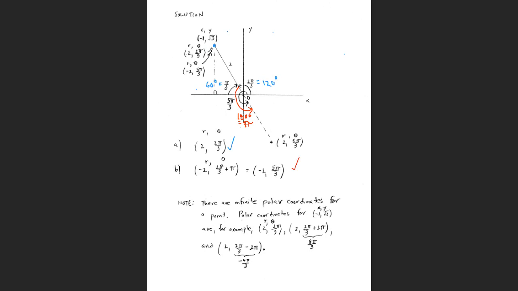And if you look in the direction of 5 pi over 3, which is 300 degrees, but you move backwards 2 units, that's going to get you to (-1, √3).